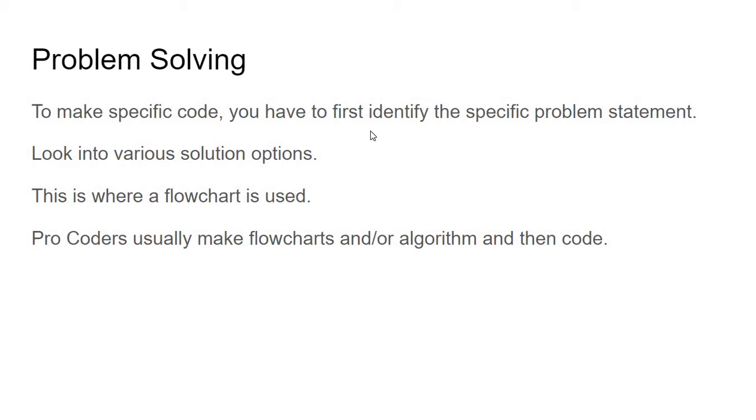Then, after that, you'll have to explore how you can solve the problem. There might be many ways. For example, to do division, you can use long division, or you can use the normal short division method. And this is the part where flowcharts are used. If you become a pro coder, they usually make flowcharts and use algorithms and then code, so they have an overview of what they're coding.